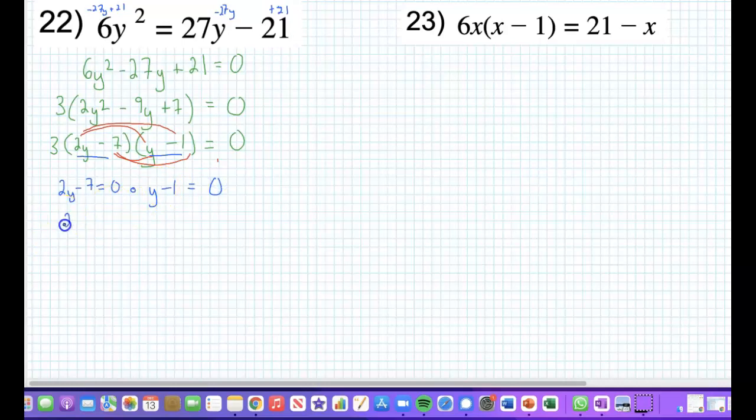So we solve this as 2y equals 7, y equals 7 over 2, or we've got y equals 1. So we have a solution set: 1 and 7 over 2.